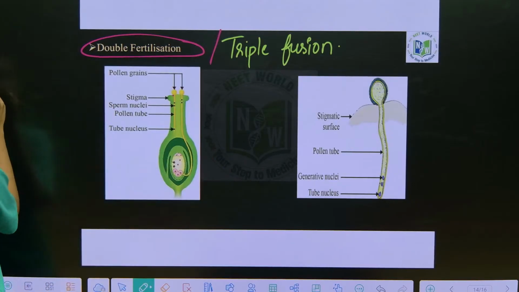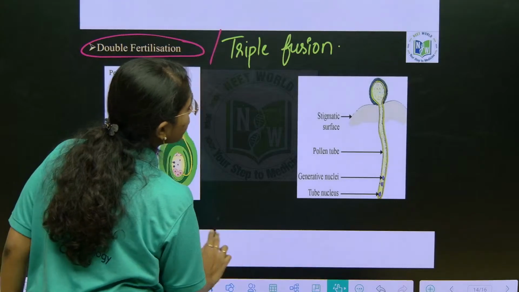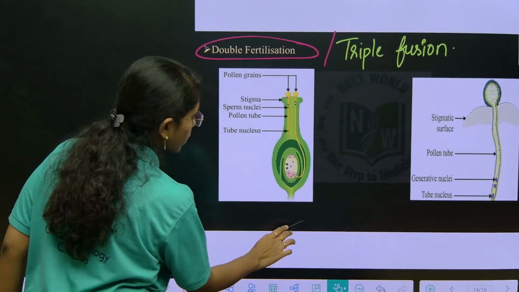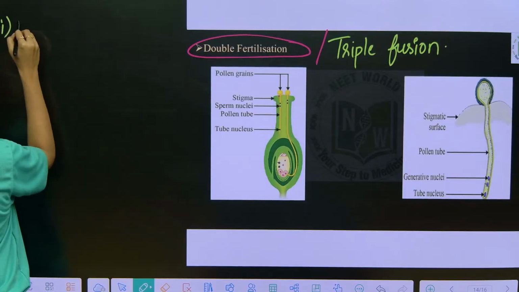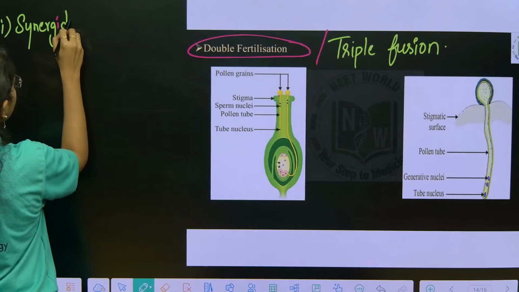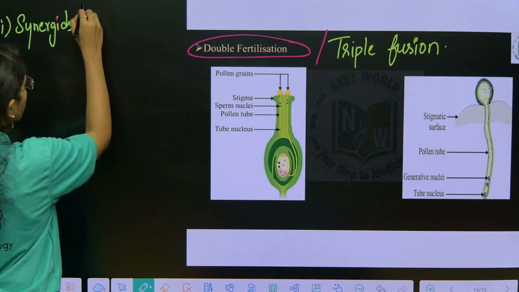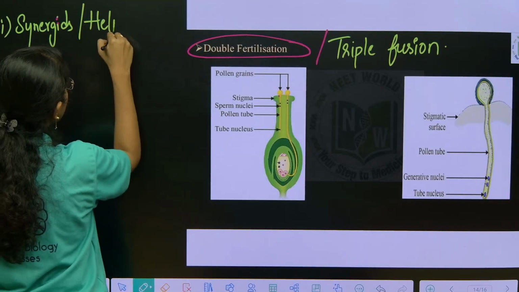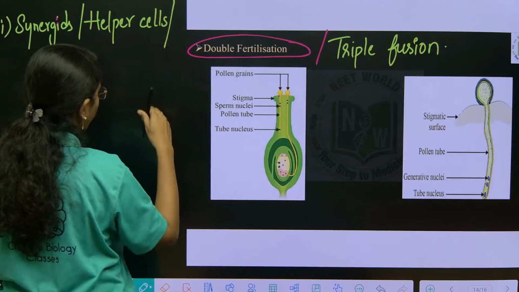So, the very first step is what? Synergids, as they are guiding the pollen tube entry into the embryo sac. This is also known as helper cells or cooperative cells.